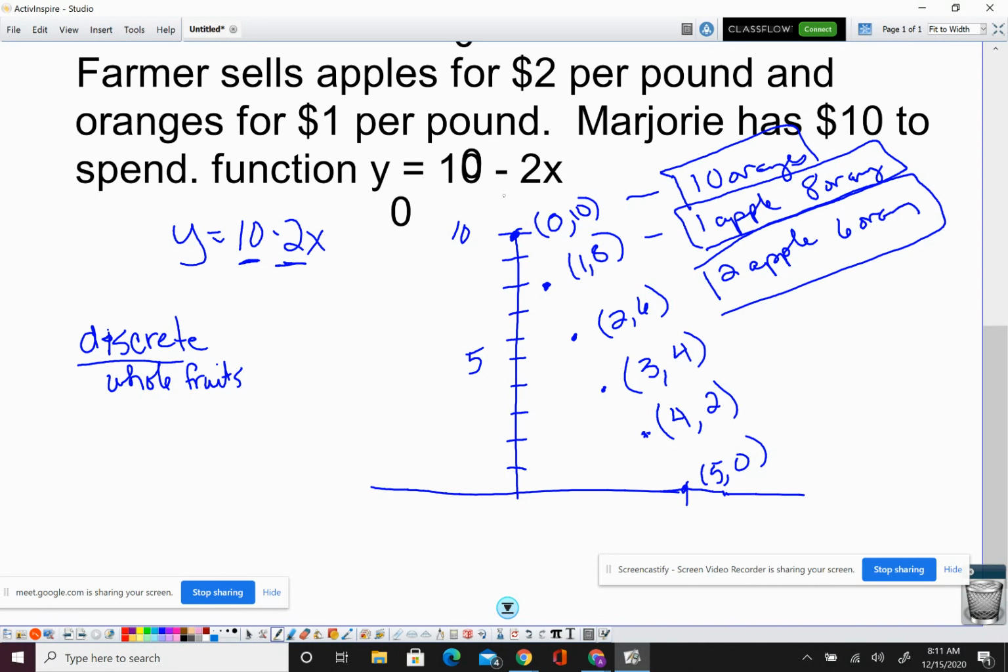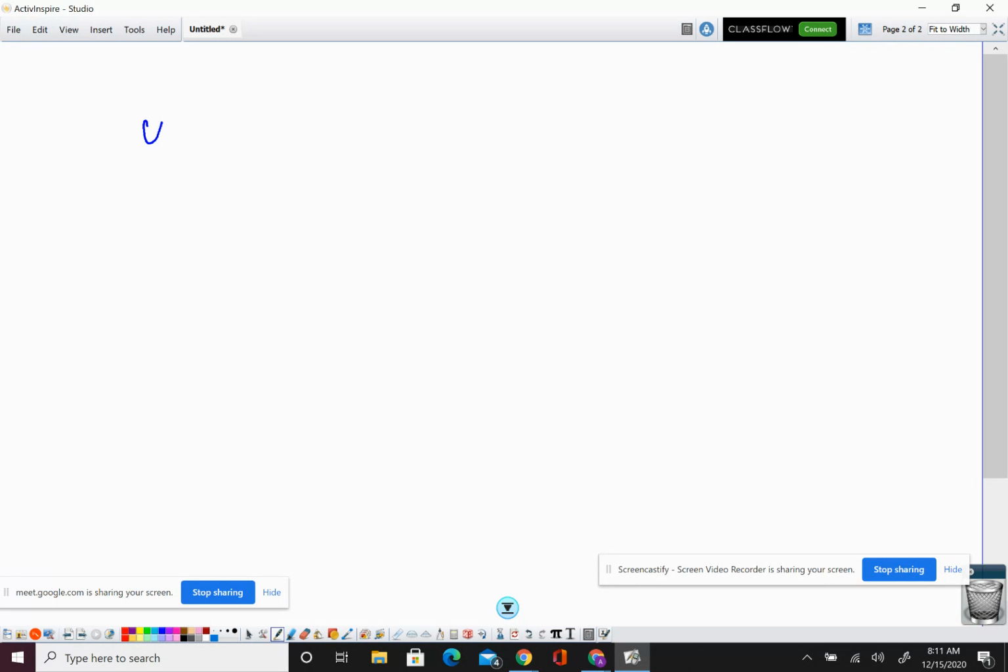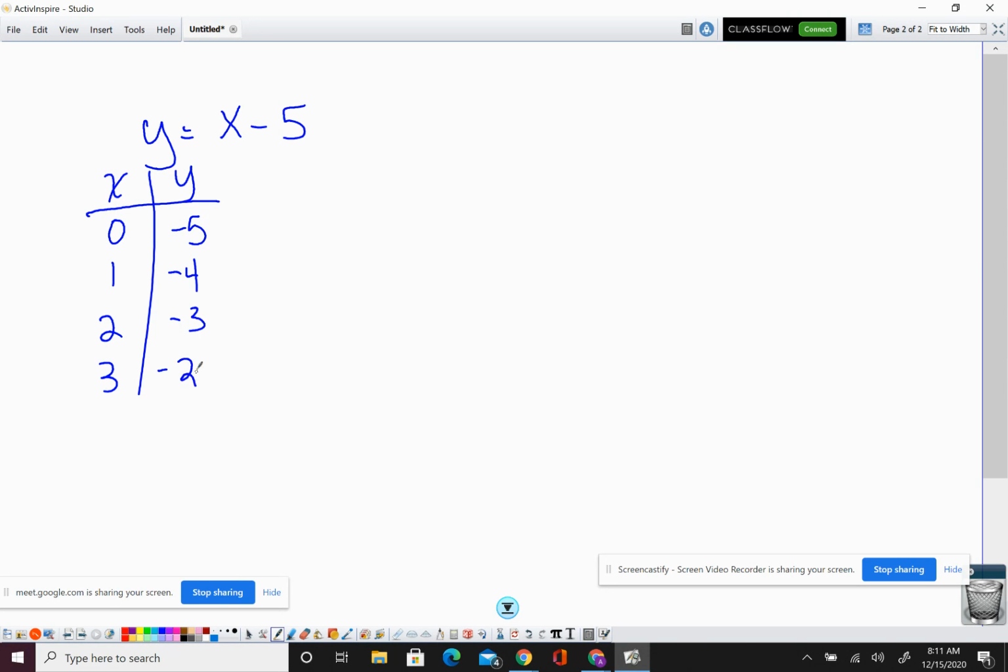If they just ask you to make a graph given an equation, if they say graph this equation, there's a couple different ways that you can do it. You can create a chart or a table and put values in here. Put 0 in for x, you get -5 for y. 1 in for x, -4. 2, -3. 3, -2.